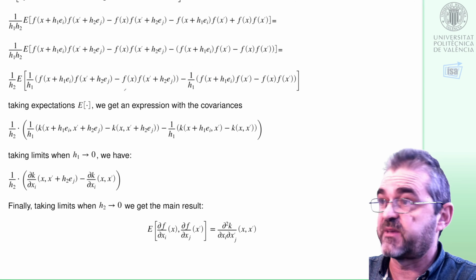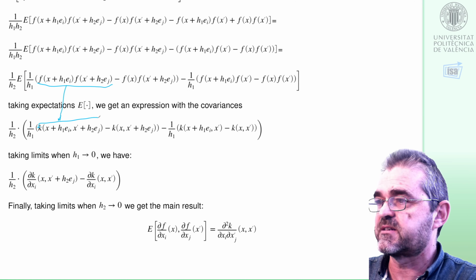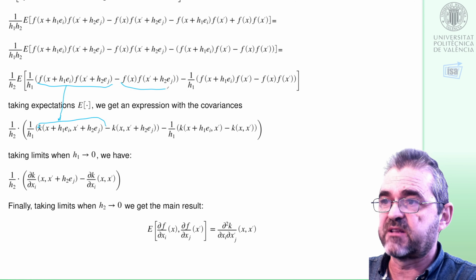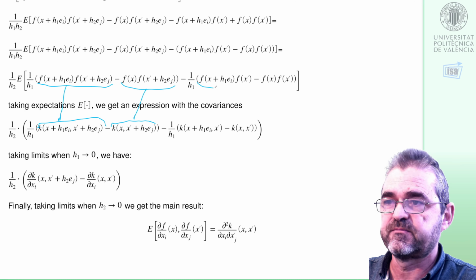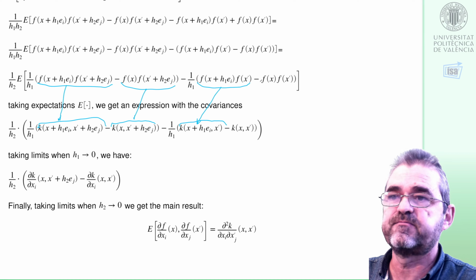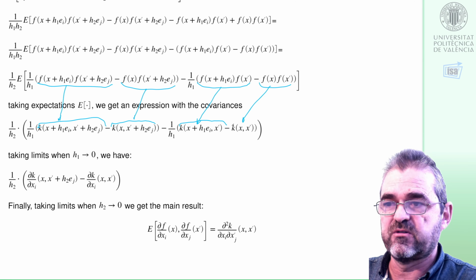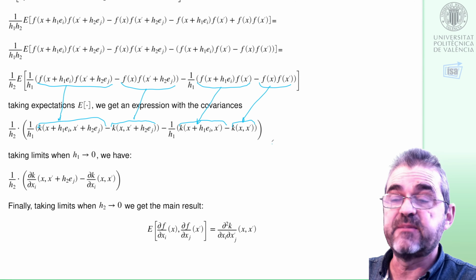If I take expectations, then the expectation of this product is this kappa, the expectation of this product is this kappa, and likewise for the other two products. Good. Let us now take limits making h1 tend to 0.